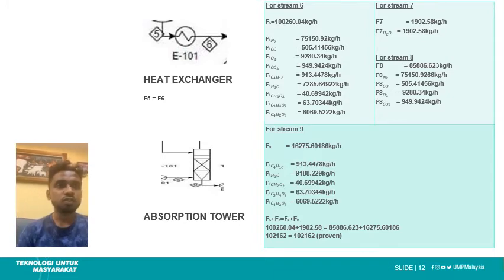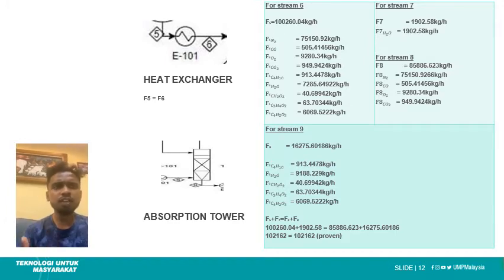Same goes to stream 7. We can calculate flow rate 7, which is 1902.58 kilogram per hour. Stream 8 is the same way. For flow rate 8, F8, we get 85886.623 kilogram per hour. And we can calculate for nitrogen, carbon monoxide, oxygen, and also carbon dioxide.